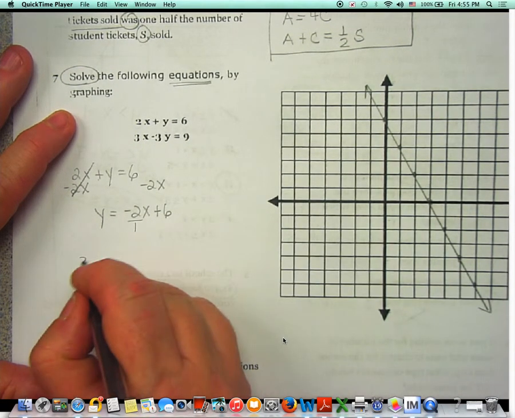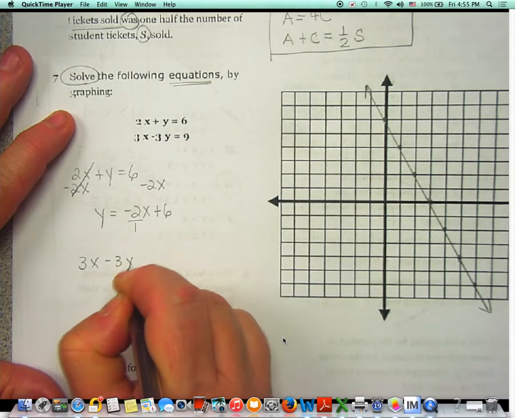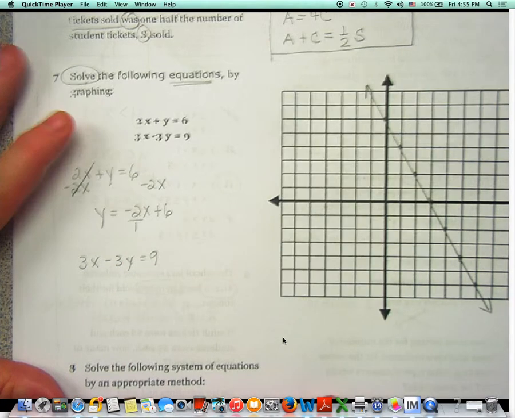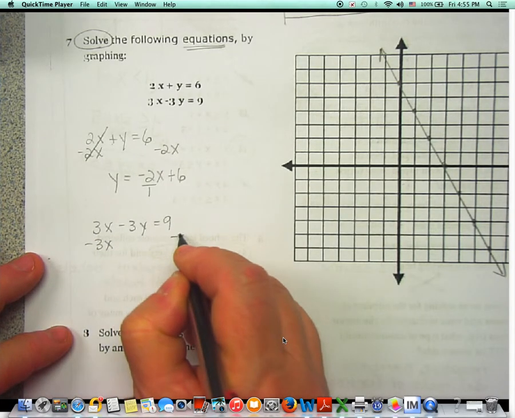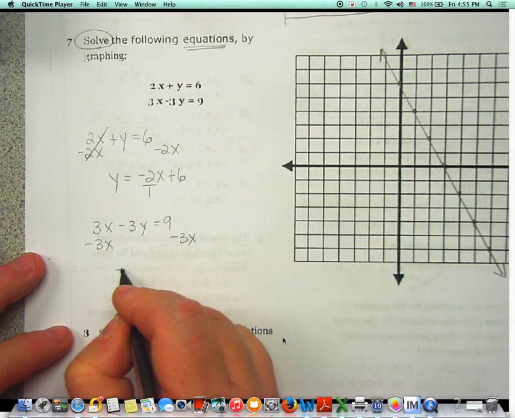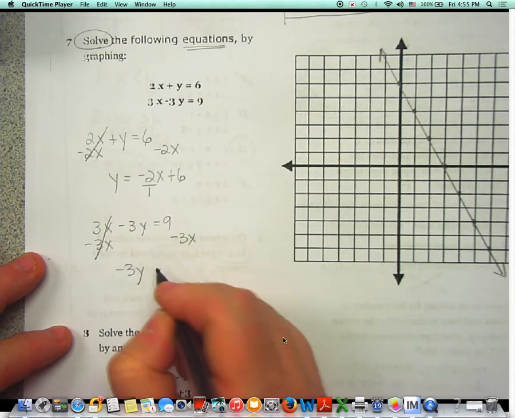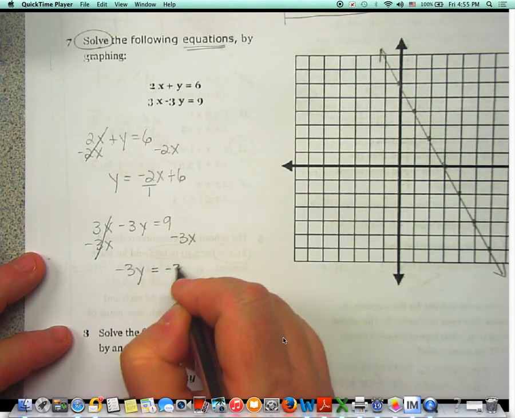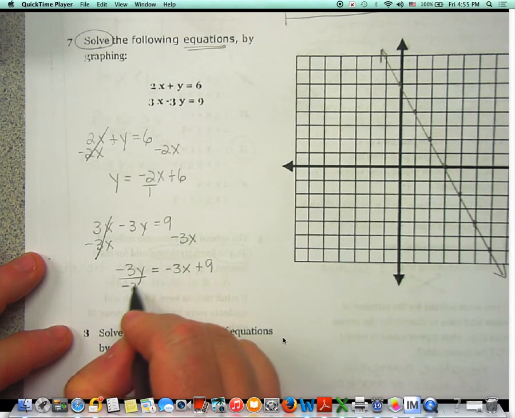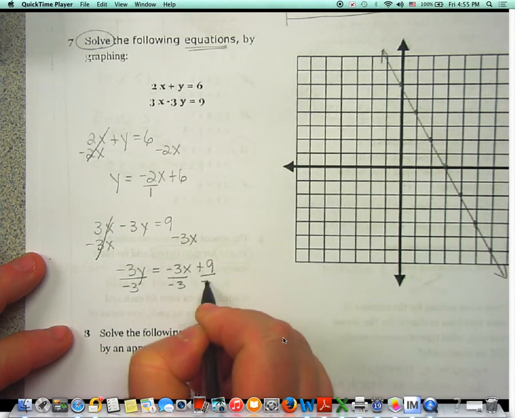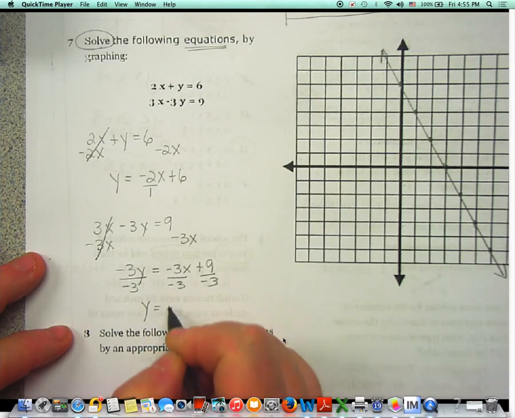So I need to do 3x minus 3y equals 9. And I'm solving for y again, so I'm going to subtract 3x from both sides of the equation. So I have negative 3y equals, I'm going to write the negative 3x first, plus 9. And then divide by negative 3. So y equals x.